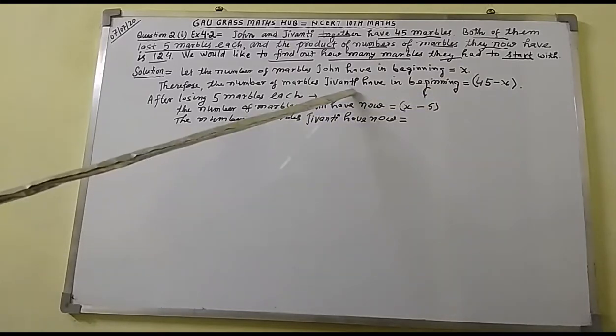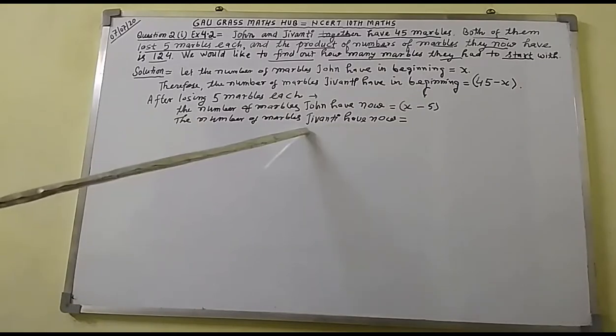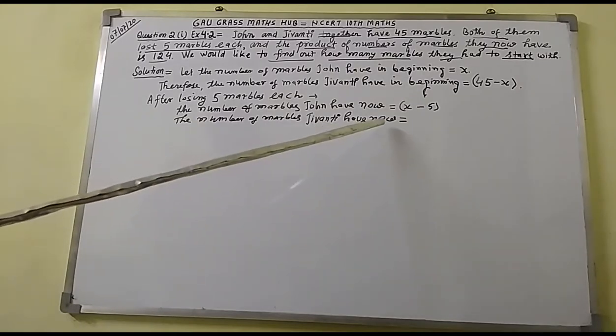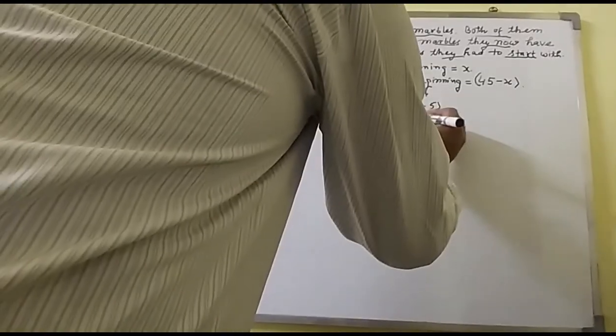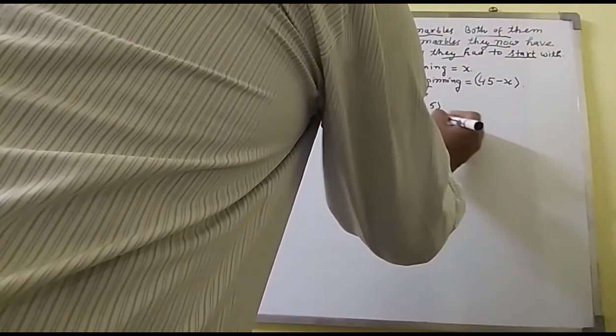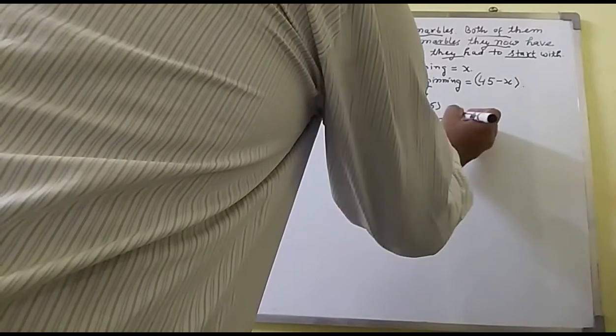Now Jivanti has lost 5 marbles. So now Jivanti will have a total number of marbles equal to 45 minus x, minus 5.